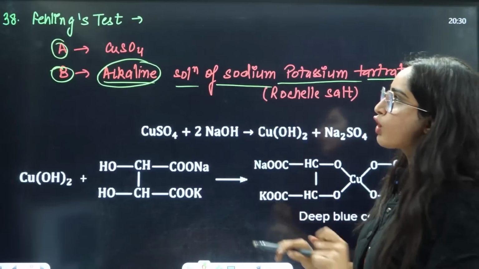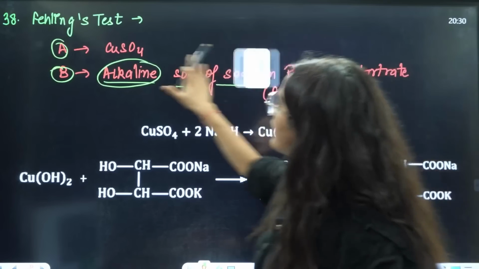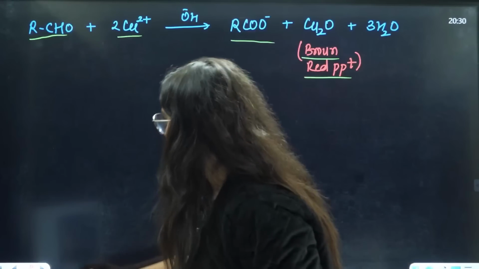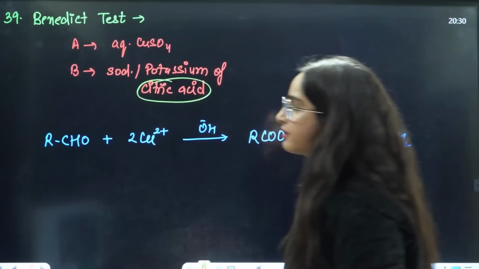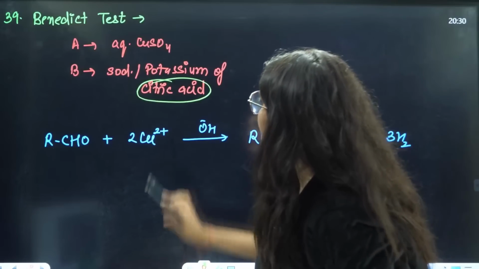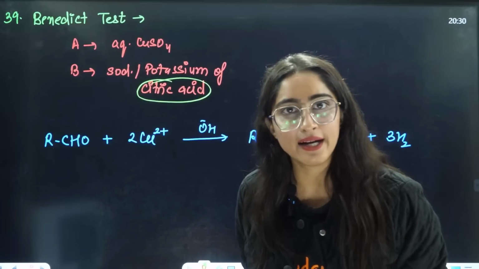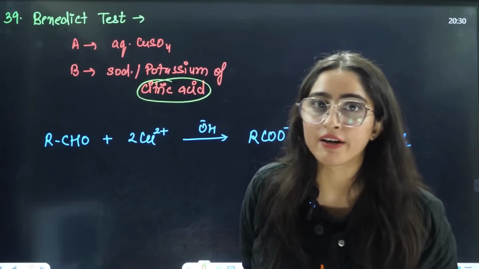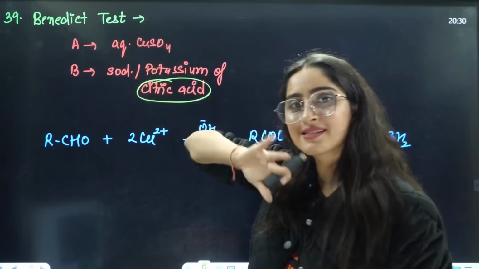So, if you talk about the Fehling test, you have tartrate, right? But when you talk about the Benedict test, you have citric acid. You will have citrate, not tartrate. Understood? In Benedict, you will have citrate. In Fehling, you will have tartrate. That is the difference. Other things are very similar, exactly same.